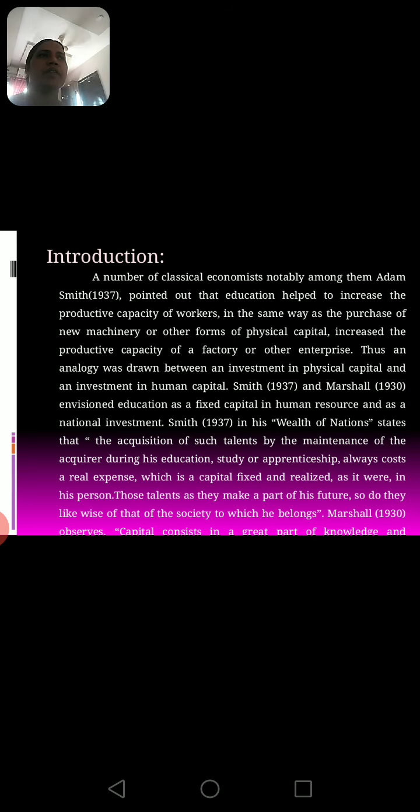According to Marshall, education was envisioned as a fixed capital in human resource and as a national investment.